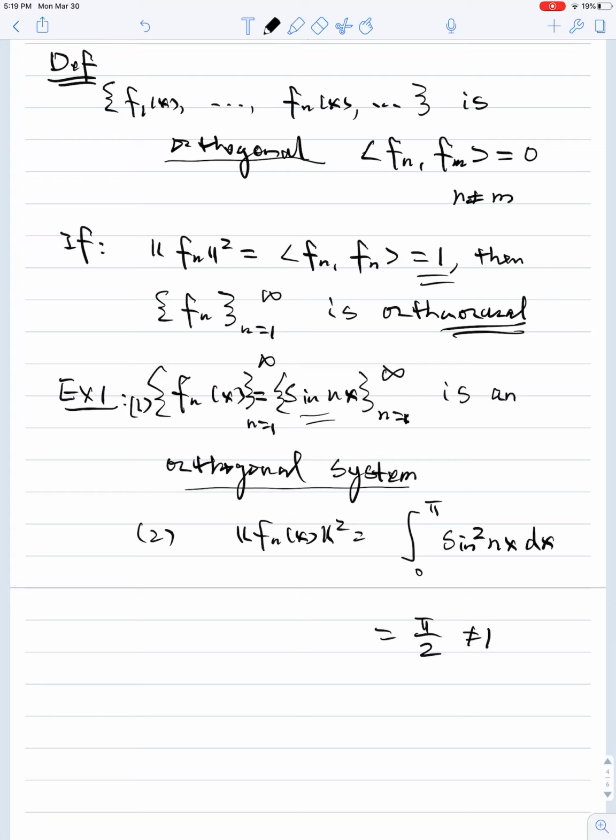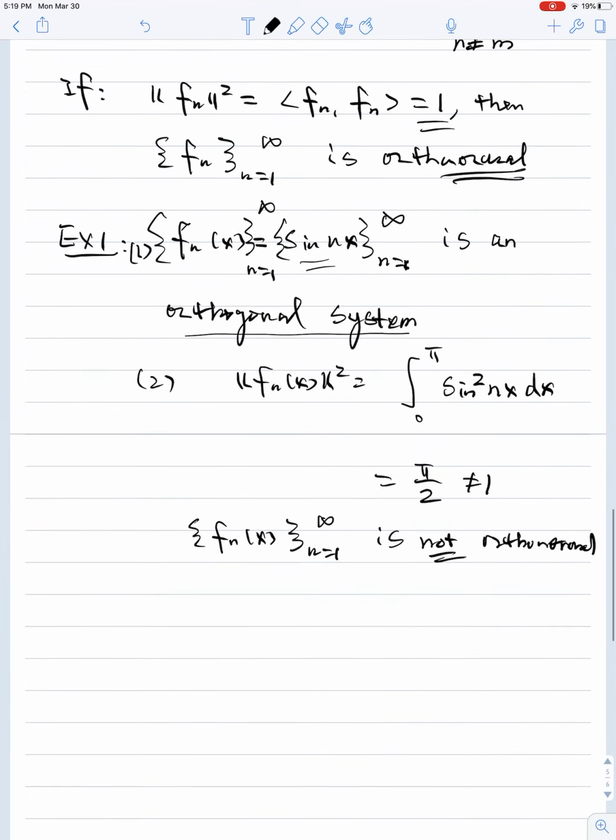So therefore, this f_n(x), n from 1, is not orthonormal, because the norm is not 1.